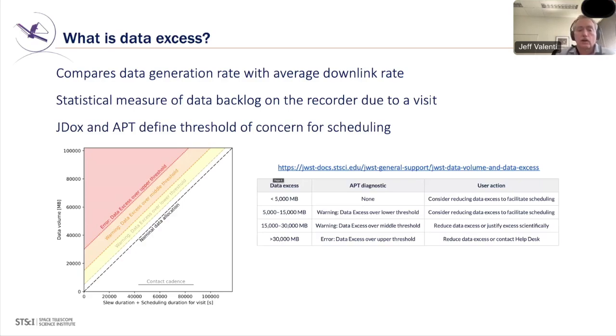So anyway, there's this yellow zone and orange zone and red zone, which compares the duration of your visit, including the slew, with how much data you're generating. And the farther up you go into the upper left, the more you're putting data on the recorder that's not getting downlinked and making it hard for schedulers to do their job.